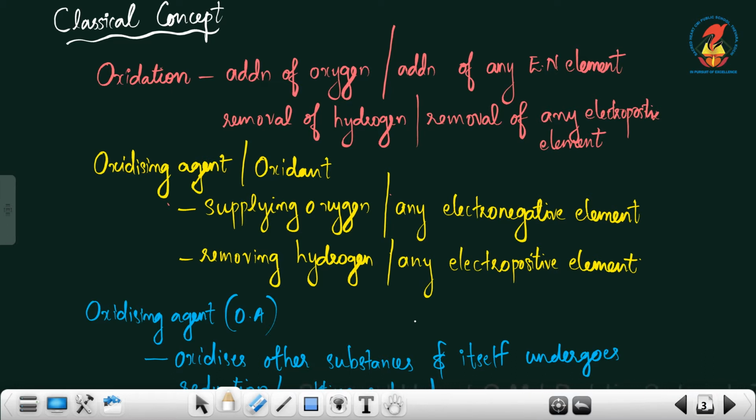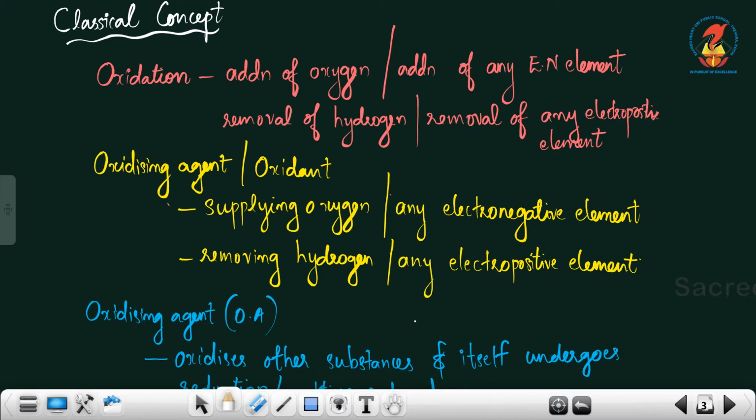We know that addition of oxygen is oxidation. So, the element or the species which is supplying oxygen will be acting as the oxidizing agent, or the species or the element or the compound which can supply any electronegative element can also be considered as an oxidizing agent or oxidant.